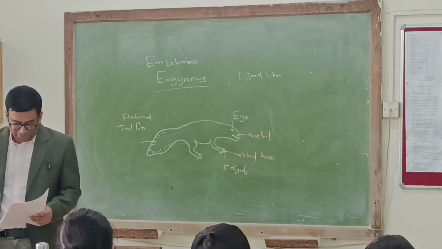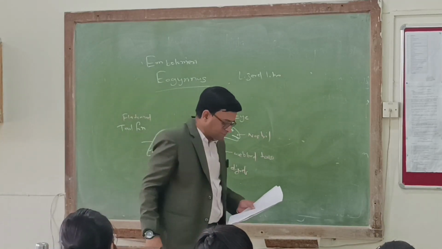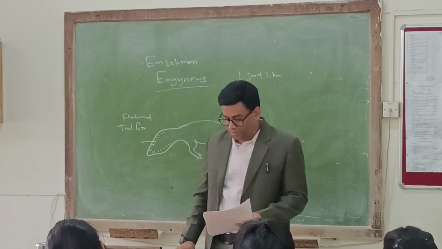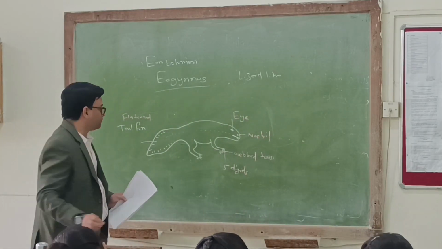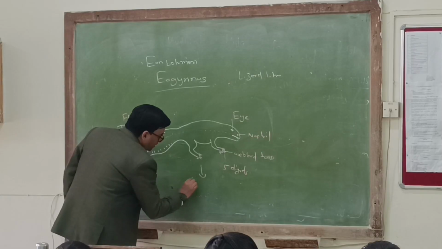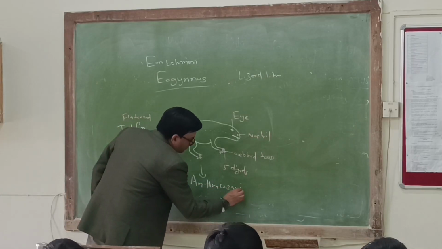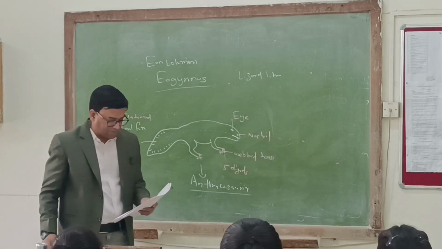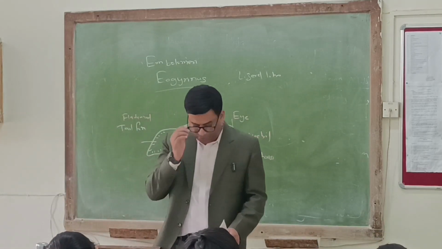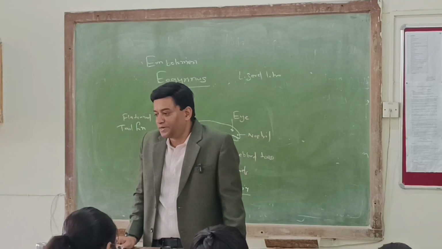So this is a small lizard-like organism, not of big size, but this is very, very important because this gives rise to what? Anthracosaurida. That's why it is very important. Got my point?